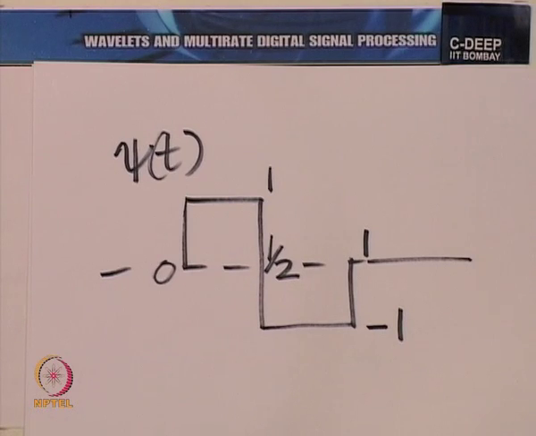Now, we have a convincing reason to conclude that there is an intimate relationship between the low pass filter and the high pass filter in the two band filter bank and the scaling function and the wavelet function in the multi resolution analysis. In fact, we have constructively established that relation.